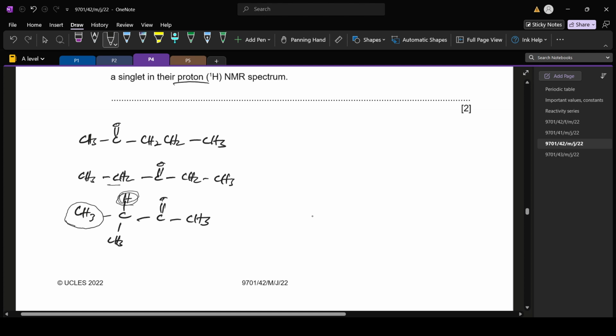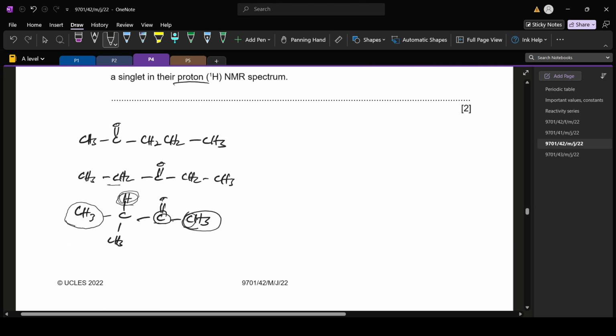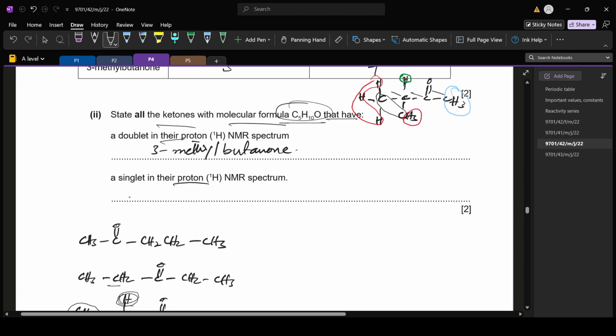Now singlet, which of these will show singlet? The singlet will be shown by the compound which has no hydrogens on the adjacent carbon. If you see, this carbon is attached to this carbon, and this carbon has no hydrogens attached. So this carbon will have a singlet, because no hydrogen is attached to this adjacent carbon. So the singlet will be shown by 3-methylbutanone.